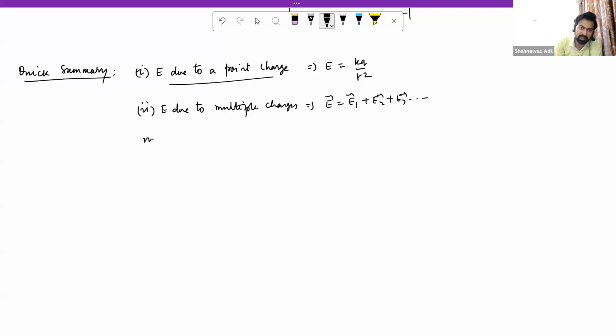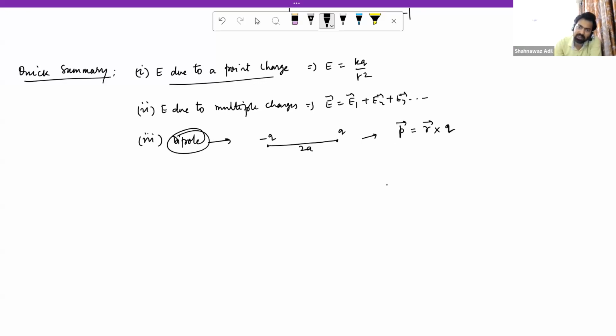And then we started talking about the dipole. Firstly, we understood what this dipole is. A dipole is a system of two charges, negative and positive, with a separation between them, which is 2a. This dipole has a dipole moment, which is simply the separation into the charge.